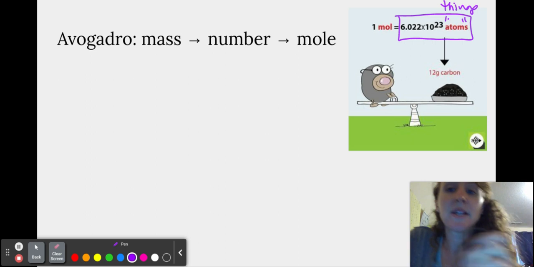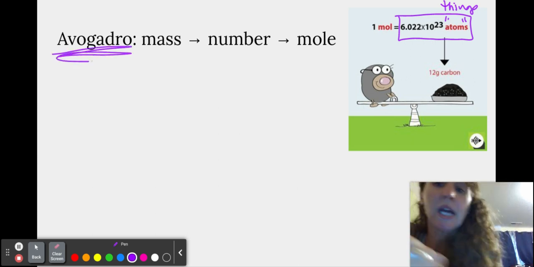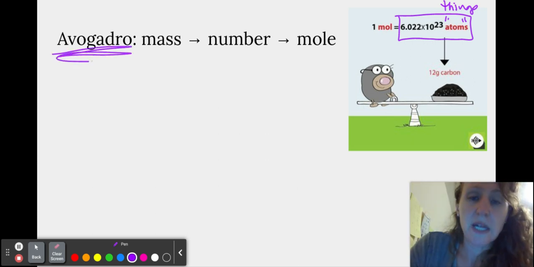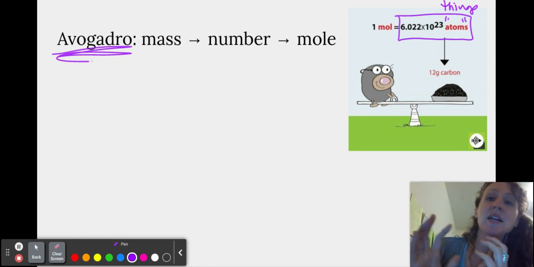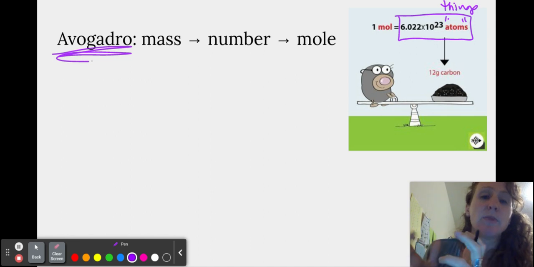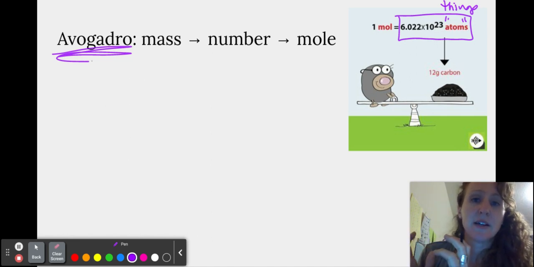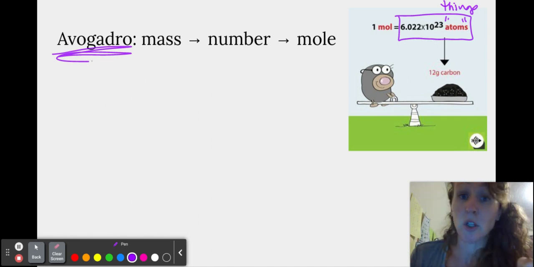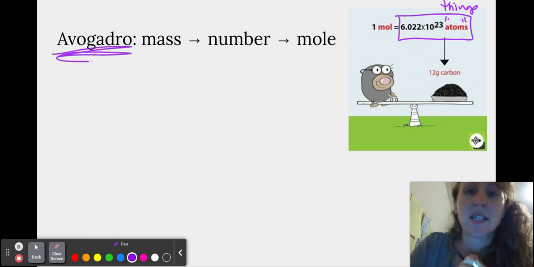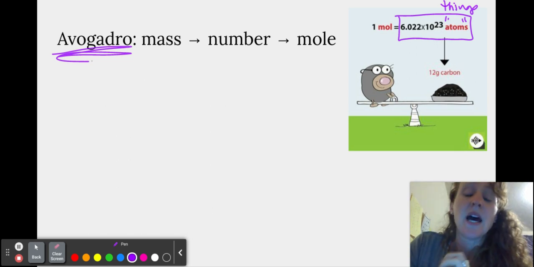So this number is attributed to a guy named Avogadro. He actually didn't come up with this number, but the number was based off of some experiments he did and some conclusions that he made. So he gets his name on the number.